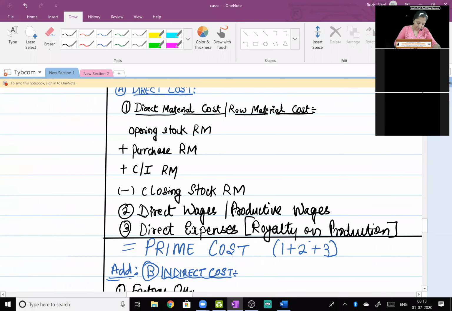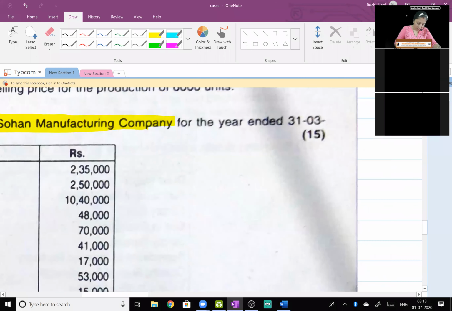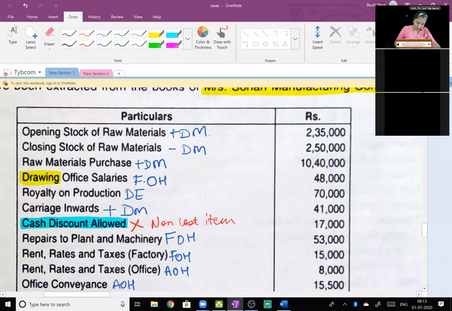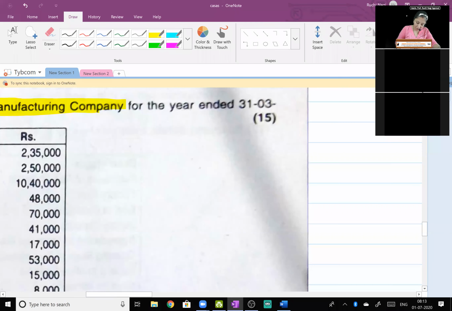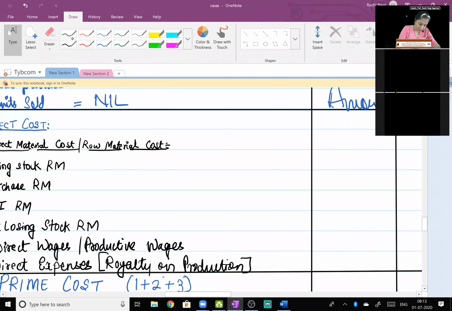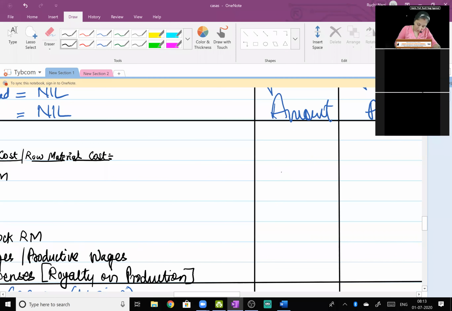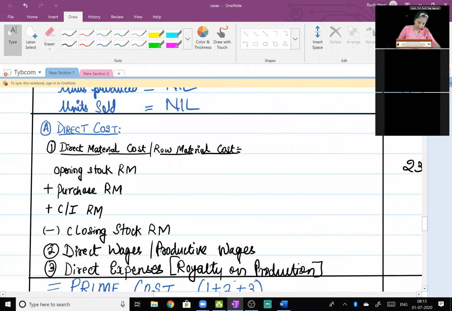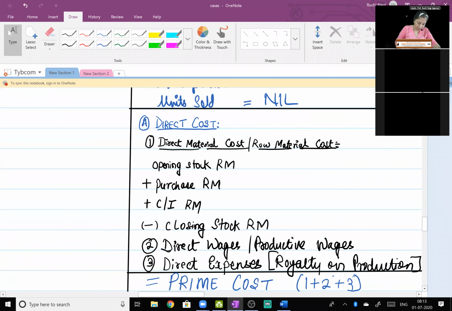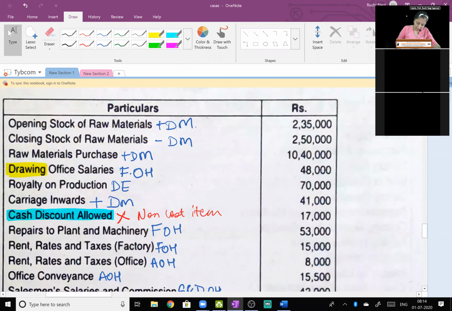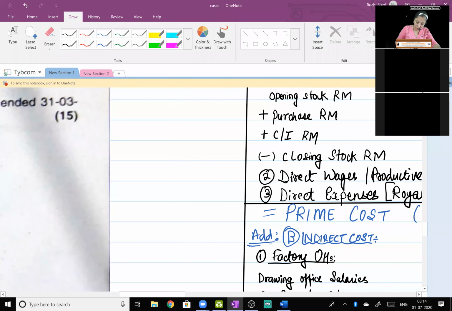Start. Opening stock of raw material, 2,35,000, right here in this first column. Next, add purchase of raw material, 10,40,000.